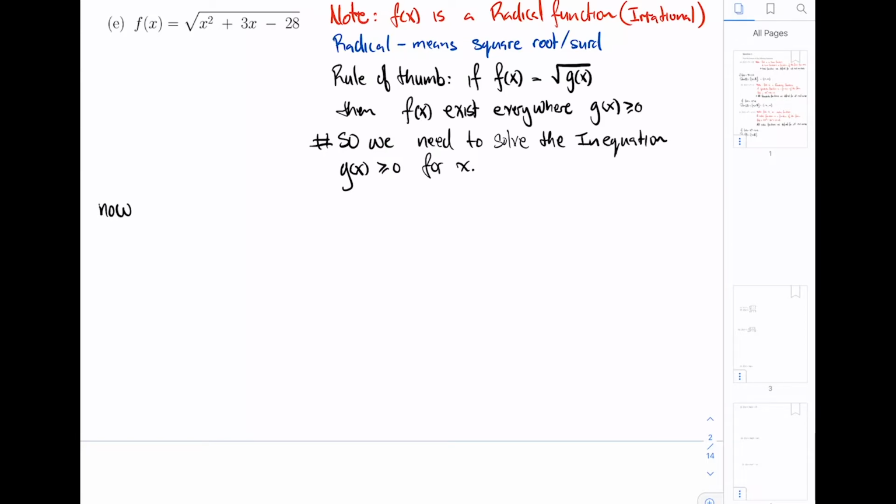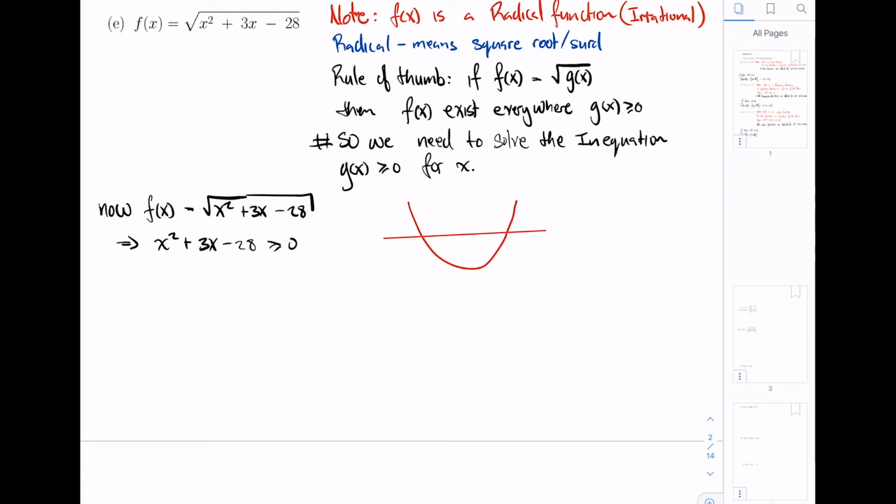So now f of x is equal to the square root of x squared plus 3x minus 28. Right? So this implies that we need to solve x squared plus 3x minus 28 greater than or equal to 0. And if we're solving that, it would mean that we need to first find our roots, right?